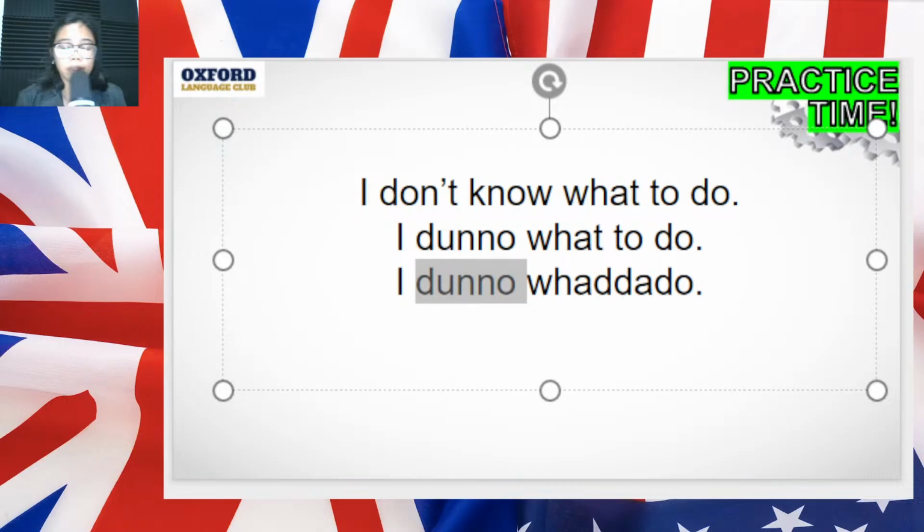It looks silly, but that's usually how it is pronounced in a conversational setting. The second major change happens in "what to do." Here, the T sound at the end of "what" often changes to a D sound or sometimes disappears completely, especially when it comes before the word "to" or before a vowel sound.